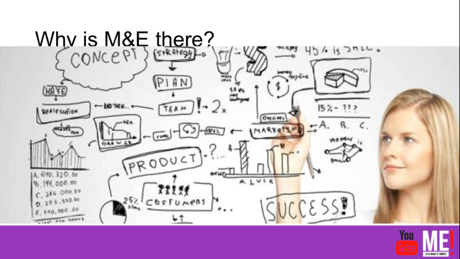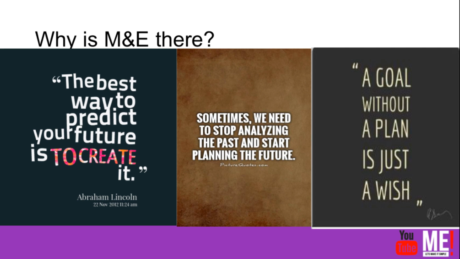It is sad to say that not many people view it the way it's supposed to be seen. But the truth is, if you ask me, it is among the top three important things in every organization. It's the M&E component.